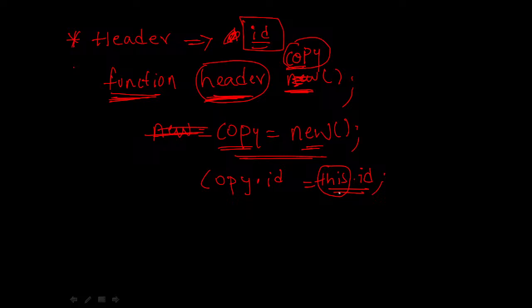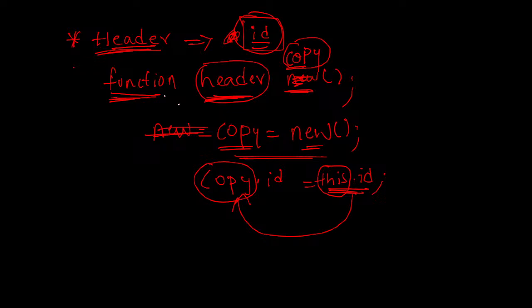The local object which is declared in the class header will get assigned to our object. Basically we are storing the object which is present inside our header class to our object.